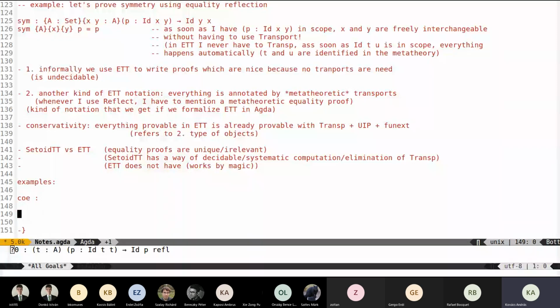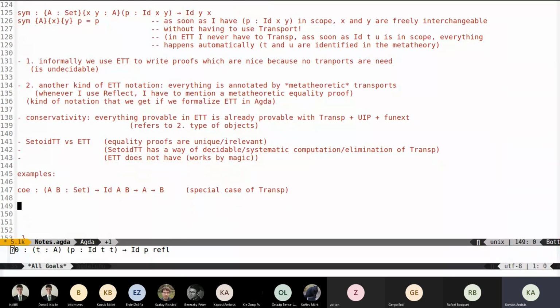So the coercion says that if I have two types, A and B, and I know that ID A B, then I have a function from A to B. So this is a special case of transport.